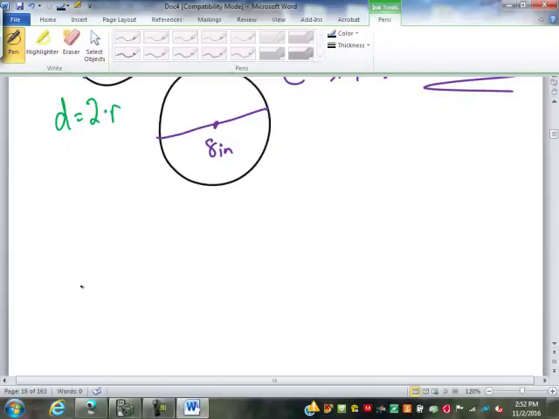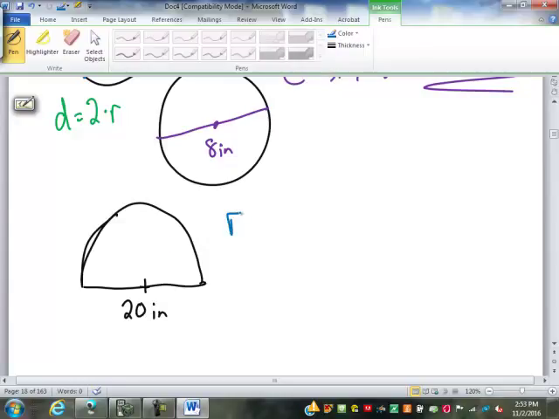So what if I have a half circle? Let's say this half circle has a diameter of 20 inches.